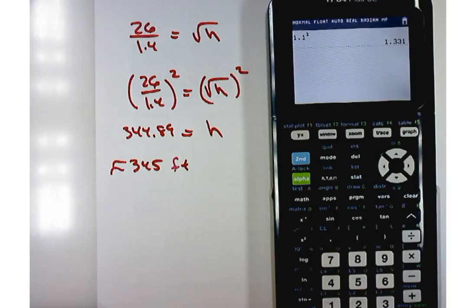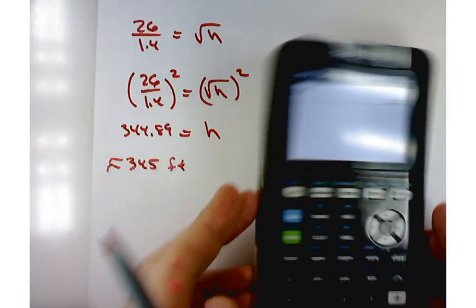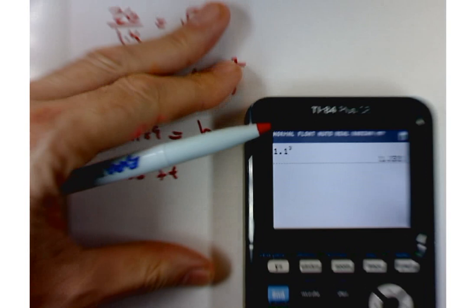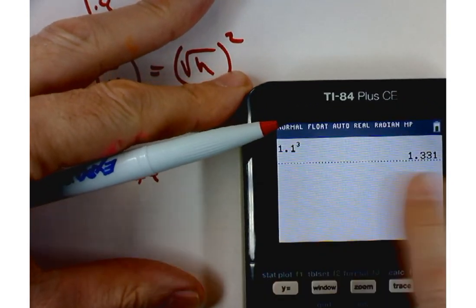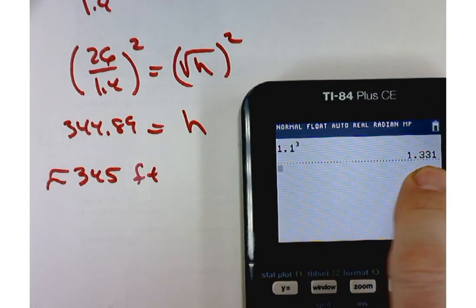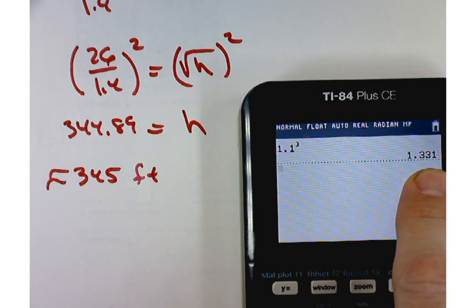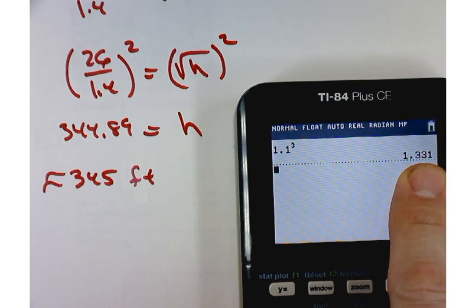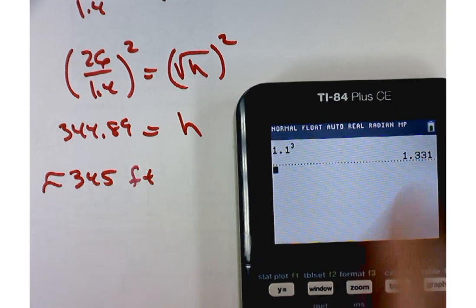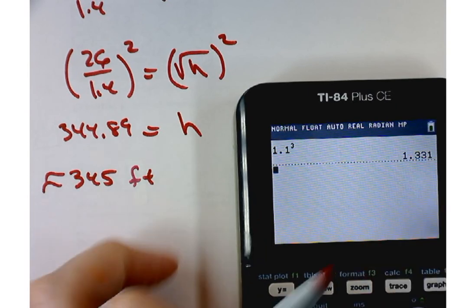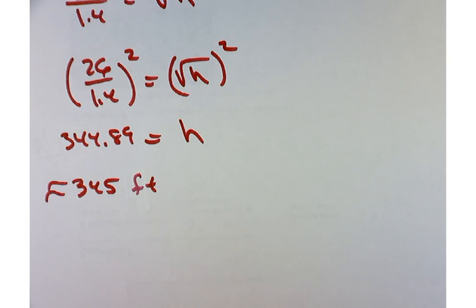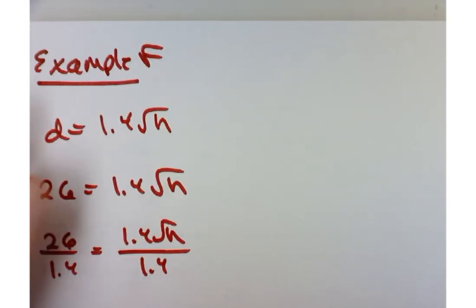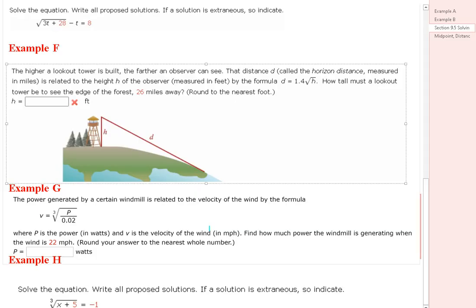But when you realize that the power of the hurricane is proportional to the cube of the velocity, then a 10% increase in the wind speed is really like a 33% increase in the power of the hurricane. So when you go from 110 miles an hour to 121 miles an hour, it's a big jump in the power of the hurricane. That same kind of relationship formula is expressed in example G.